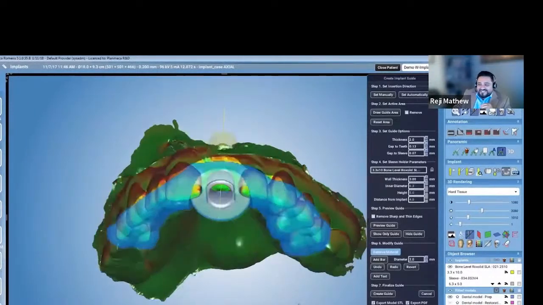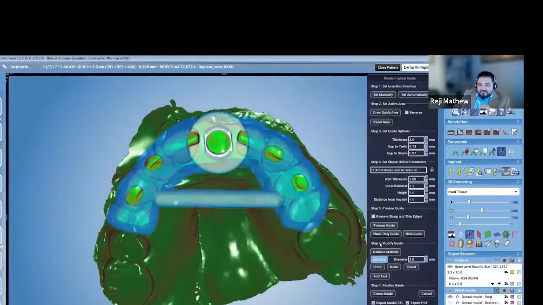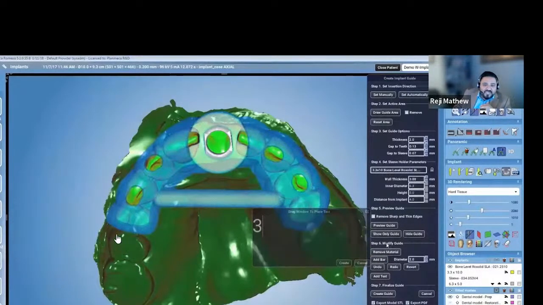Thank you. And then I'm drawing that guide. I'm making some areas where you could put some windows. Of course, you want to keep those, and you can put a bar in areas where you want support. If it's in the molar, I would add one. If this tooth is missing, I would add a bar here.